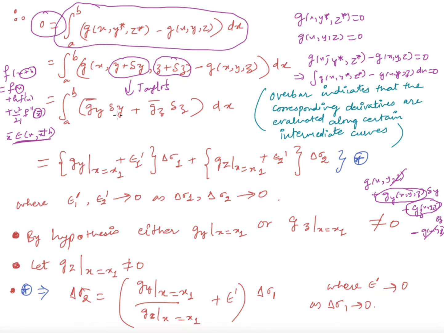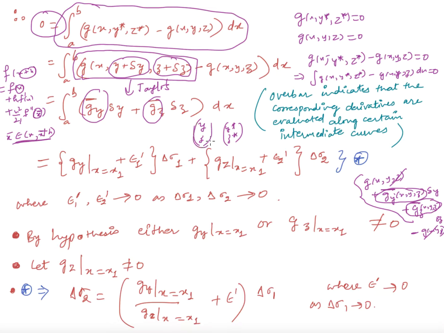Similarly, here I want to stop at the first term. I want to write the Taylor expansion of this thing, but just up to these three terms. So I will put a bar here, where bar means that I am computing these partial derivatives at some curves which are intermediate to the curve yz and y star z star. See, these two functions together form a curve, right?